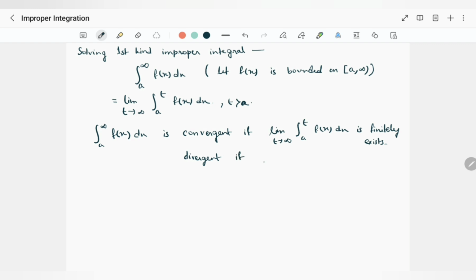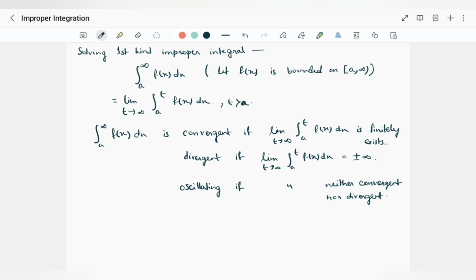Divergent if this limit t tends to infinity integration a to t f(x) dx is equal to plus or minus infinity, and oscillating if this limit is neither convergent nor divergent. Okay.